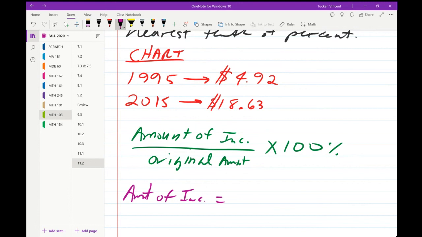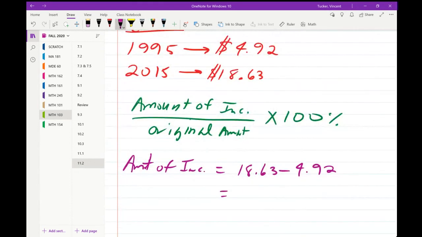The amount of increase will just be 18.63 minus 4.92. That's 13.71.